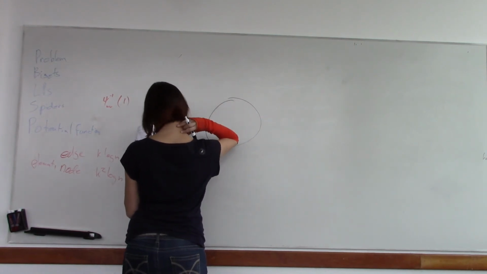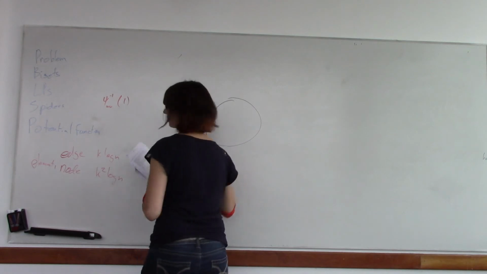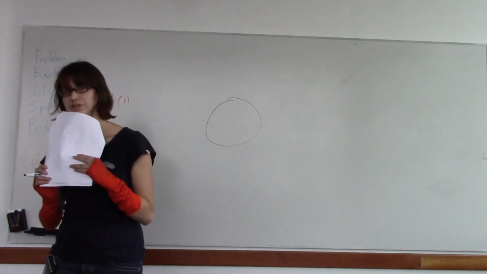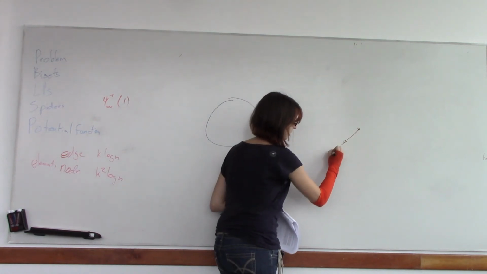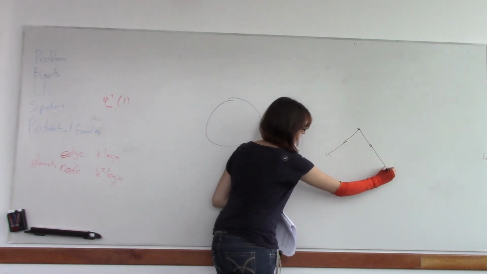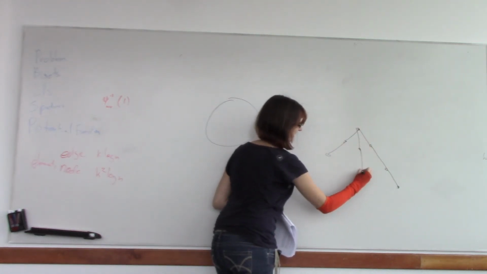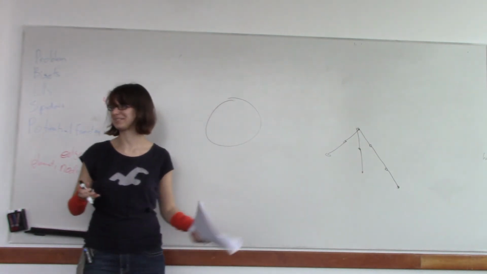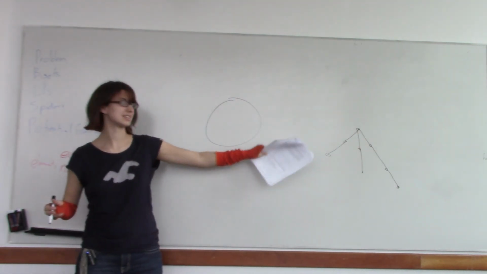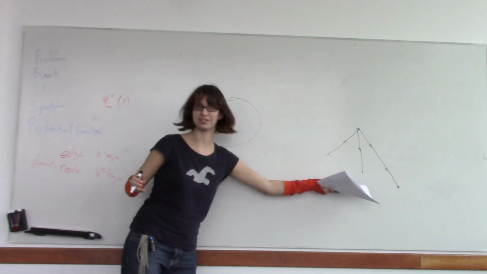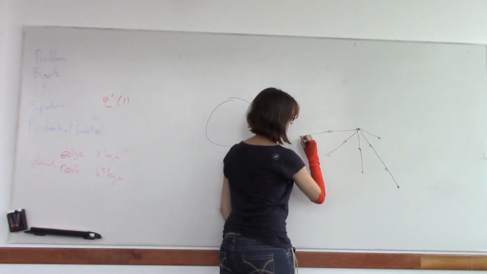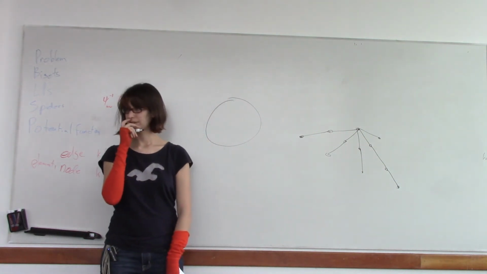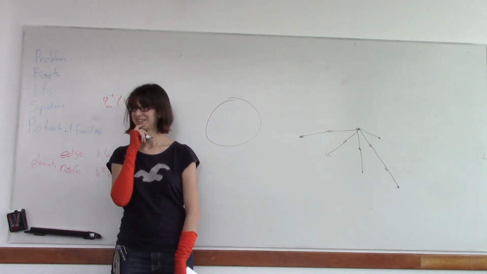I don't know what a good way to draw this is, because I don't think these spiders look like spiders you're used to. Because most spiders that people think of look like this, right? No, like in the graph theory sense. Like this is a spider. Yes, this is the head of the spider and these are the feet.